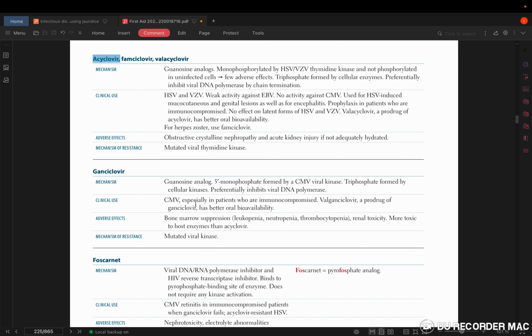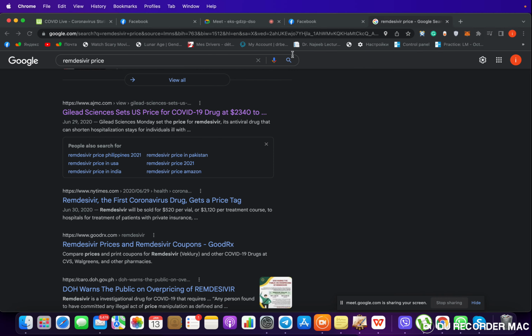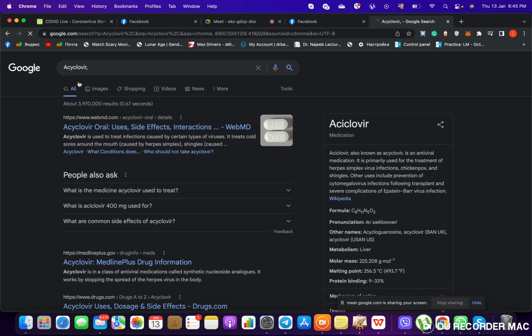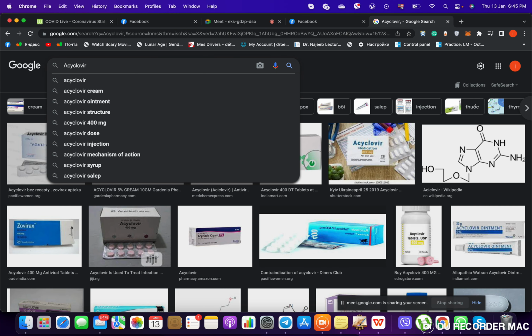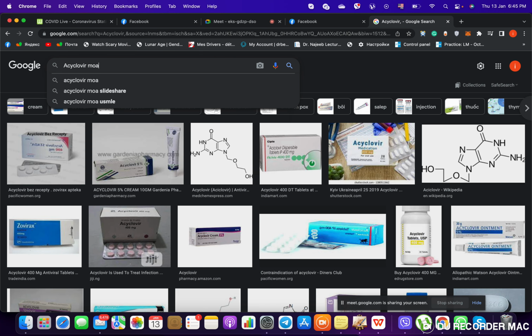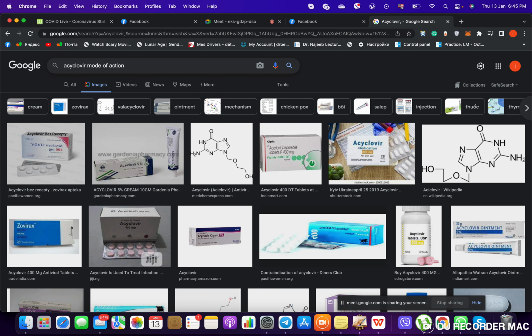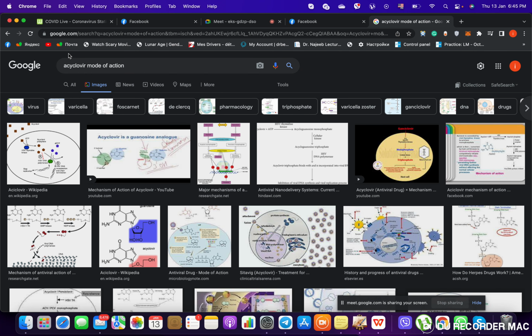Basically, acyclovir is super nice because it only works in the virally infected cell and it does not work anywhere else, which is a good thing or a bad thing. Well, it does work a little bit outside, but most commonly, I'm saying. It's a really good thing, which means you will have fewer side effects.